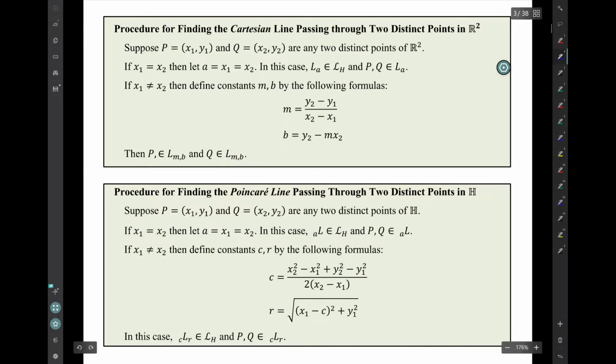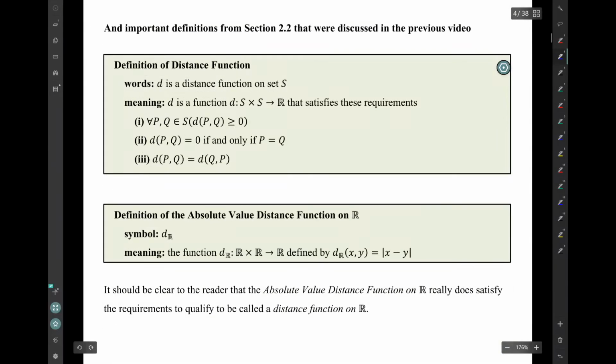On the other hand, if we're considering the points as points in the upper half plane, in the Poincare plane, and they have different x-coordinates, then we describe the line that passes through them by finding the center and the radius of that semicircle that they lie on, and we write this symbol, C subscript c comma r, for the type 2 line that passes through them.